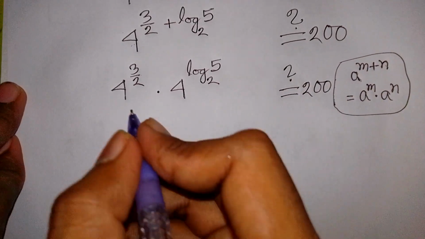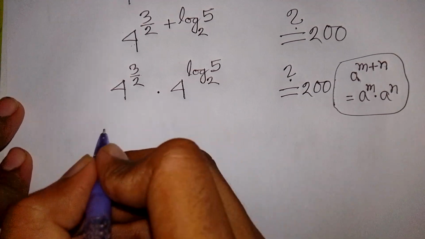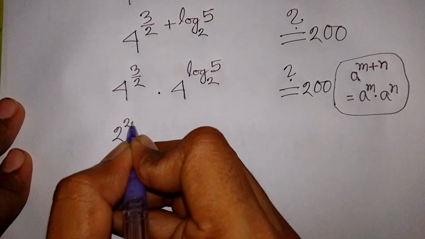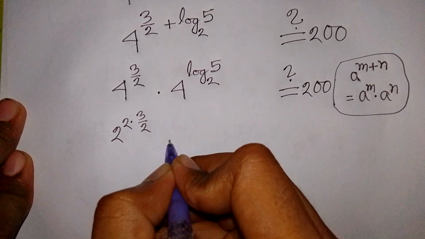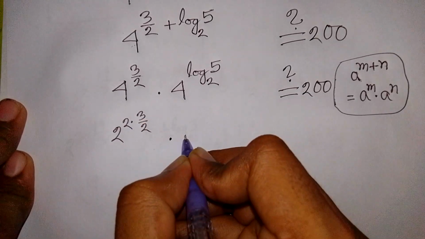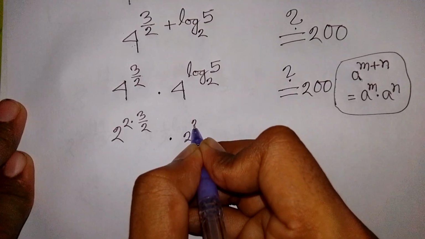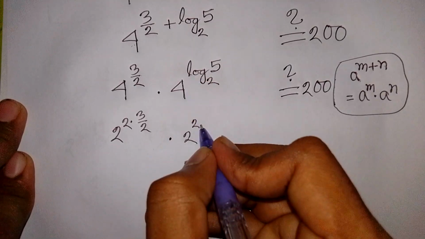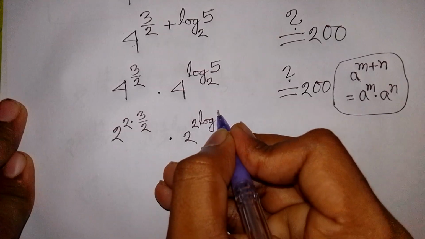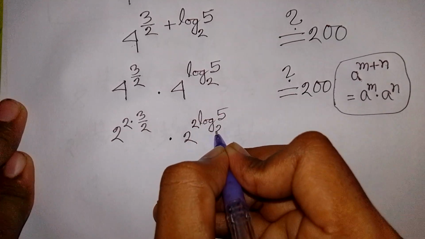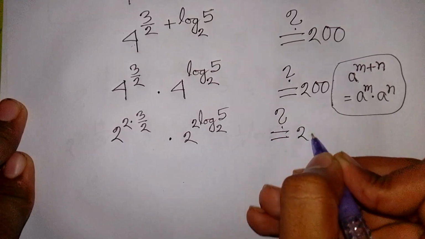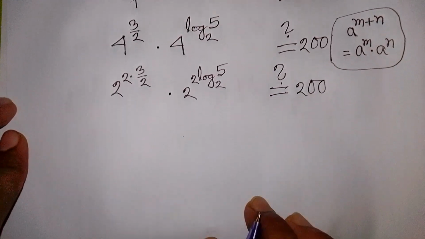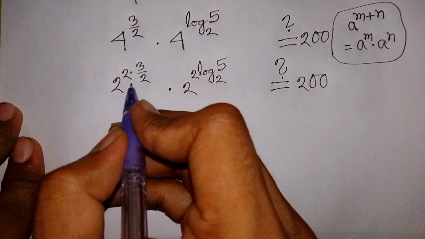Now 4 is the same as 2 power 2, then multiplied by power of 3 by 2, then here times 4 is the same as 2 power 2, then multiplied by log 5 base 2. Is it equal to 200? Now this 2 will be cancelled.